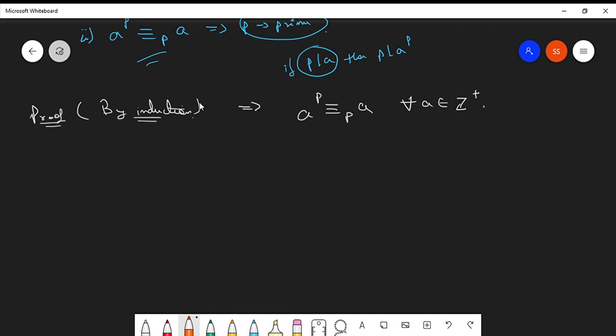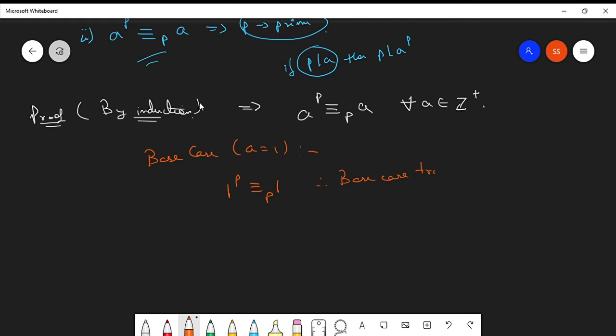By the well ordering property, we can use the base case where a equals 1. So 1 to the power p is congruent to 1 mod p. Therefore base case true.